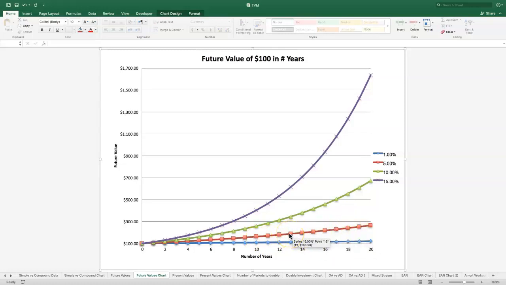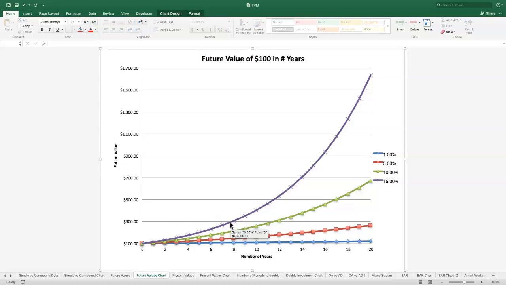And the reason for that is with higher interest rates, we contribute to the interest on interest effect more and more. So you can see the difference between 10% interest and 15% interest over 20 years. That's a huge difference. Over 1 or 2 years, it doesn't appear to be that much. But because of the way compounding works, earning interest on interest, differences in interest rates matter more and more over time.